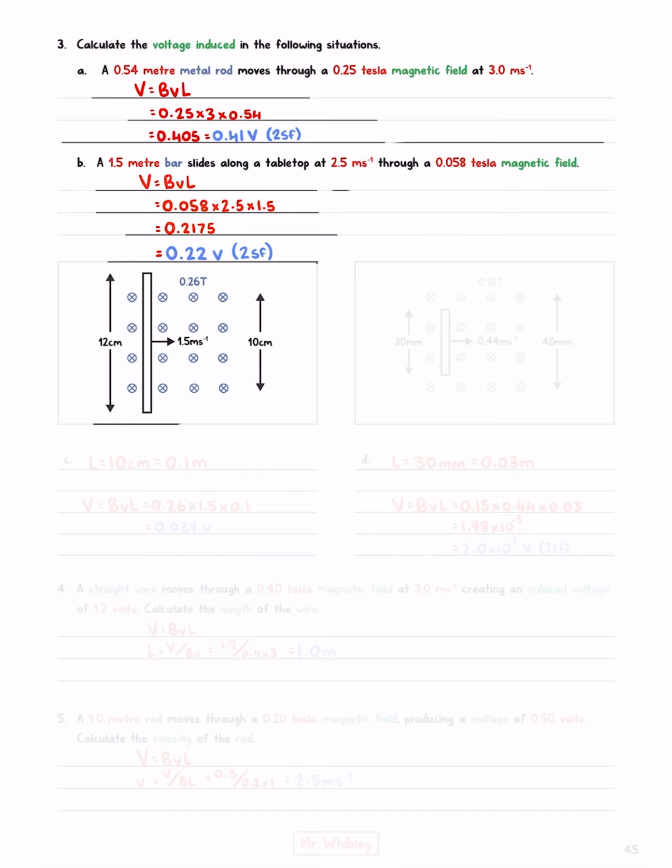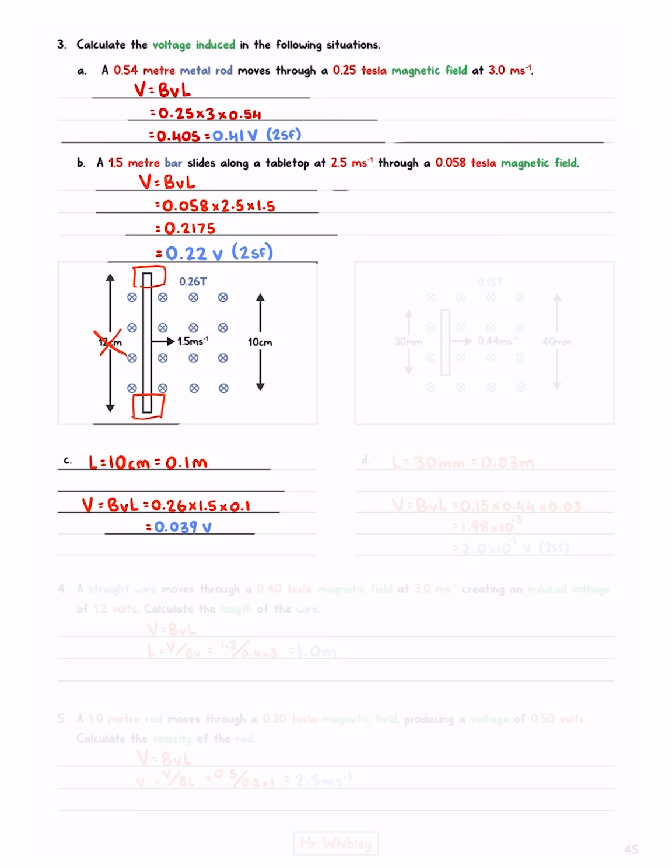The correct length is our 10 centimeters or 0.1 meters, because this is the length of the rod in the field. The ends of the rod that are not in the field do not contribute towards the effect, and so we can't use the 12 centimeters. Knowing V is BVL, knowing our B, our velocity, and our correct L gives us 0.039 volts.